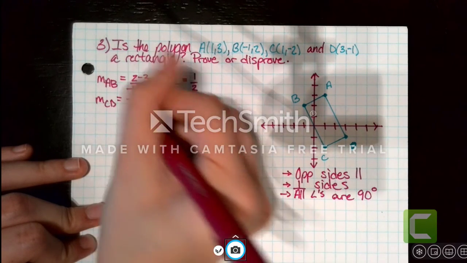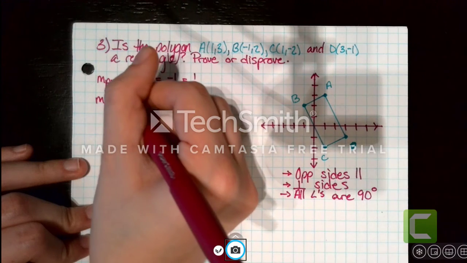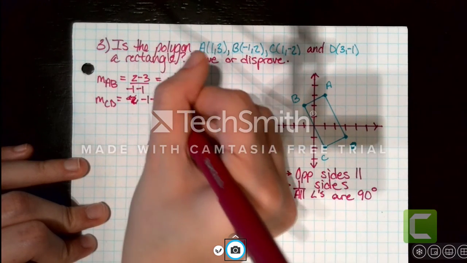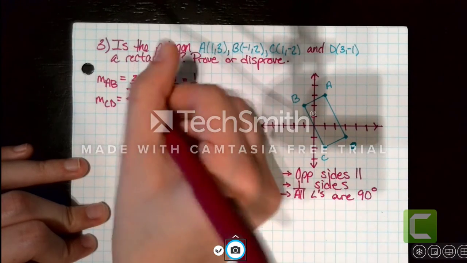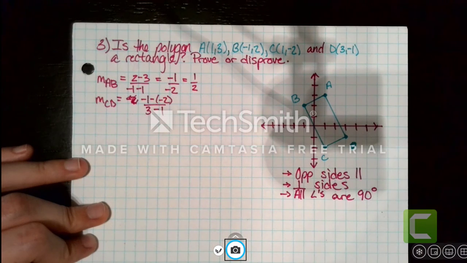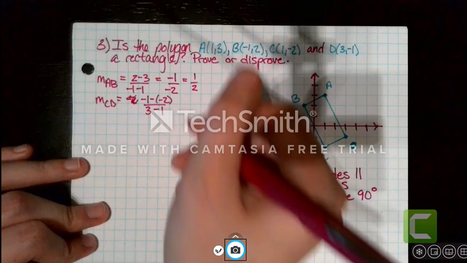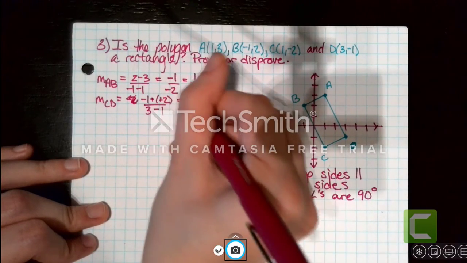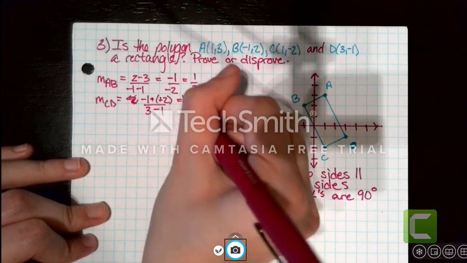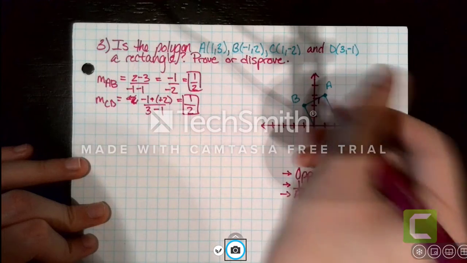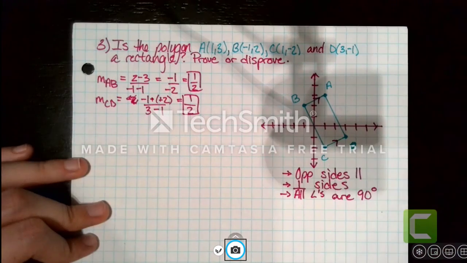We'll have -2 or -1 minus -2 all over 3 minus 1. That'll give us 1 over 2. We've just proven that AB is parallel to CD.